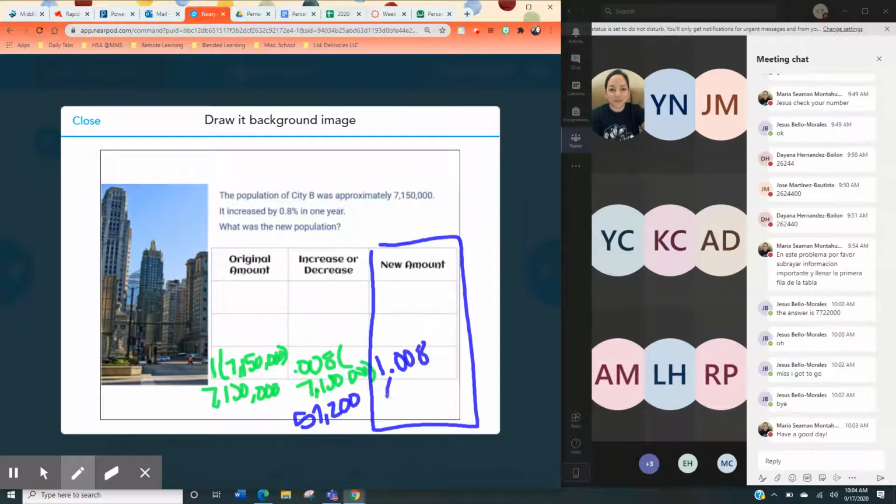And then when I go to find my new amount, it was 1.008 times 7,150,000. And that gave me... Perfect.